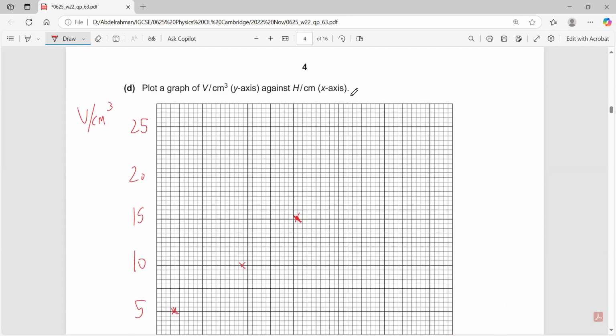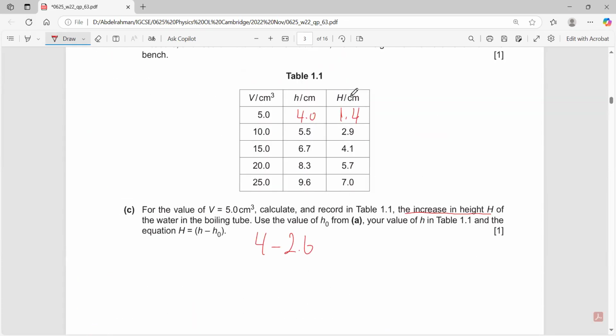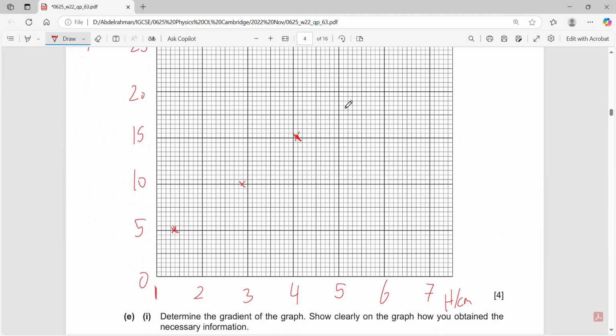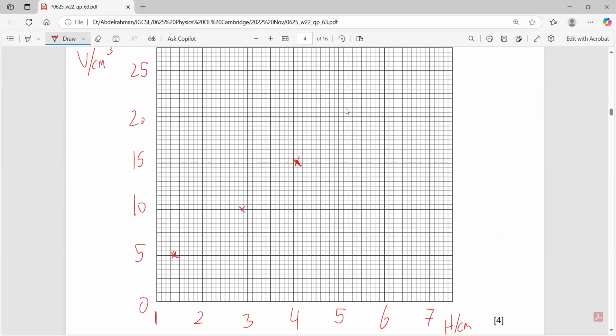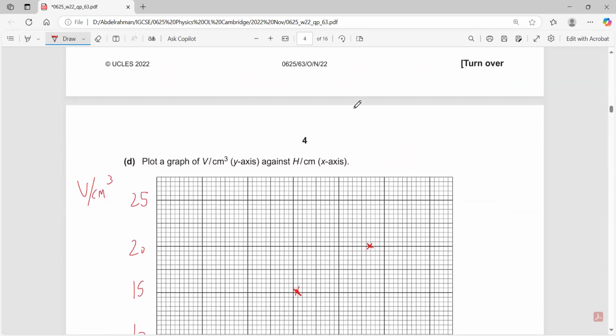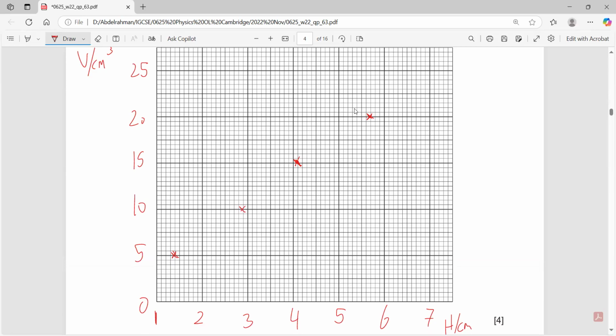Here it is. 5.7 and 20. And 7.0 and 25. This is the easiest point. So here are your points.